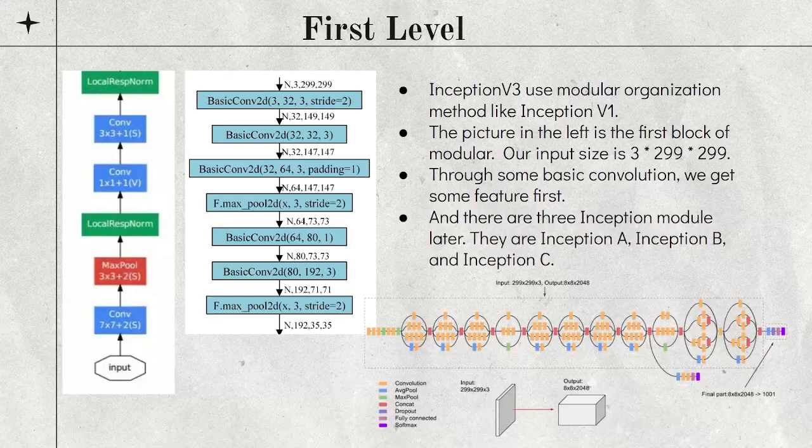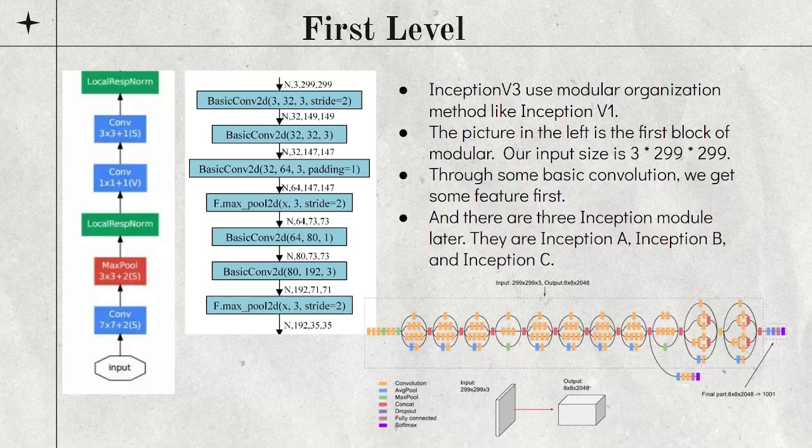And we start from the first level, we divide the Inception v3 into 5 stages. There are 3 modules and the original input and the output stage. And our input size is 299 times 299. And the main idea is the module.